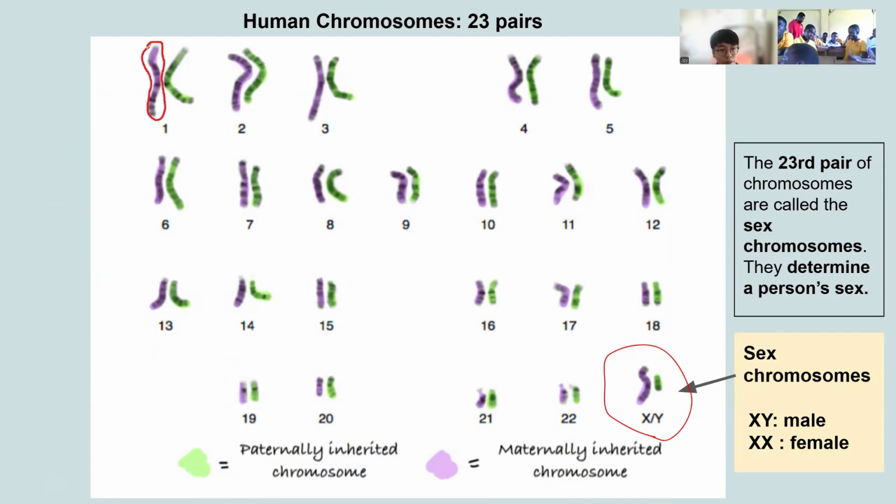This is from the father, and this is from the mother. So these two are the same type of chromosome. They have similar size and genes. That's why these are called homologous pairs.